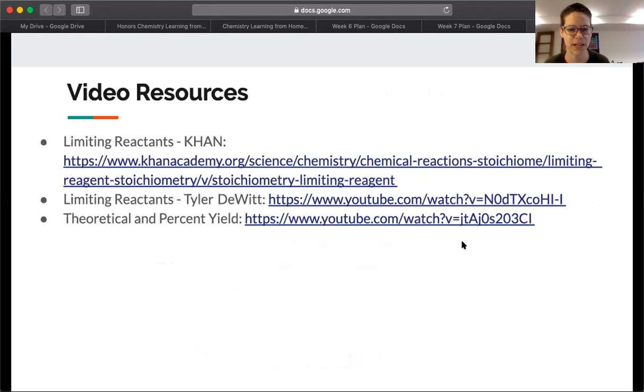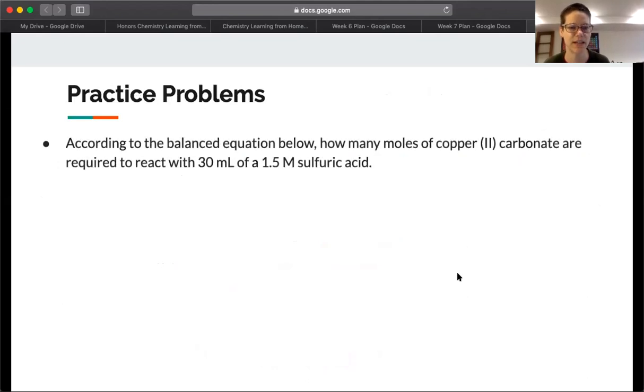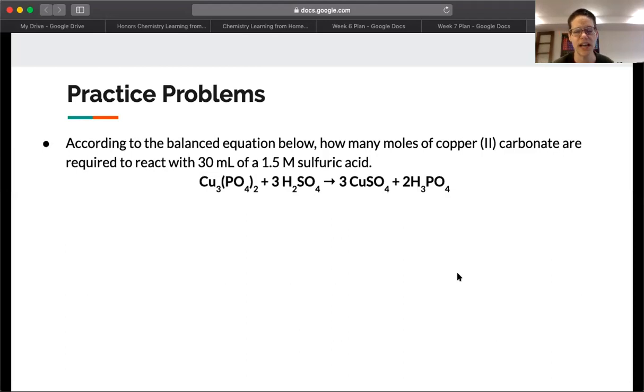Stoichiometry. We know how to do stoichiometry. But let's review a few little things. So if that's my equation, how do I go about setting this problem up? We don't actually have to do all the math. We can just talk it through to make sure everybody knows where to start.